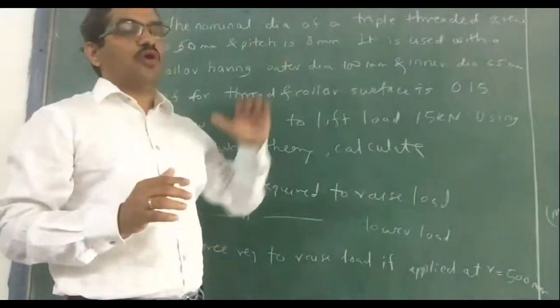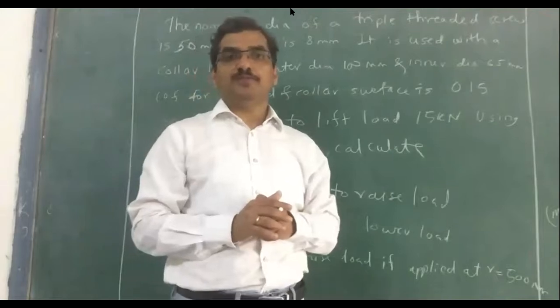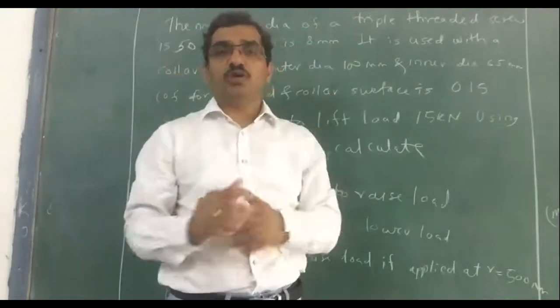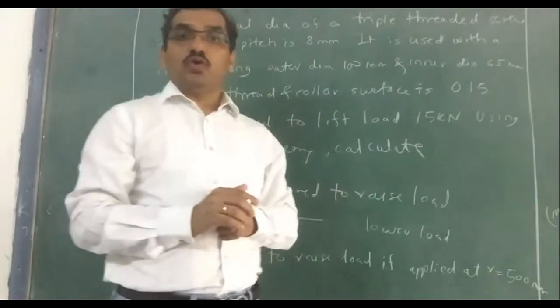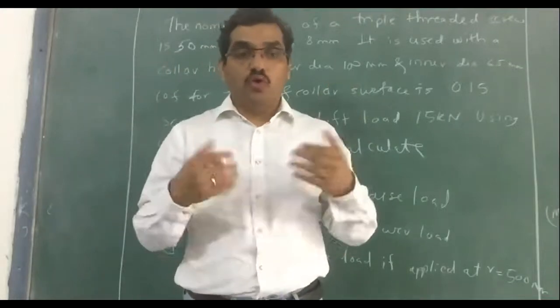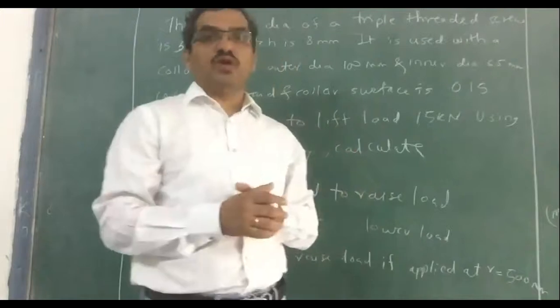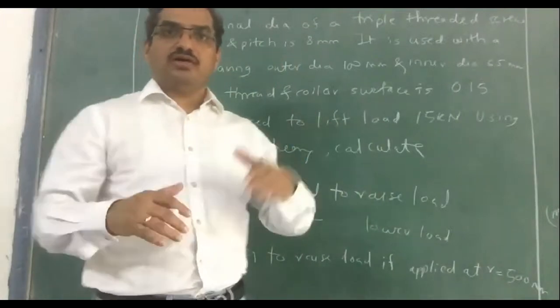So we know the torque required to raise and to lower a load when using square threads, and this is not the only resistance we have to overcome. This is to raise or lower the load.